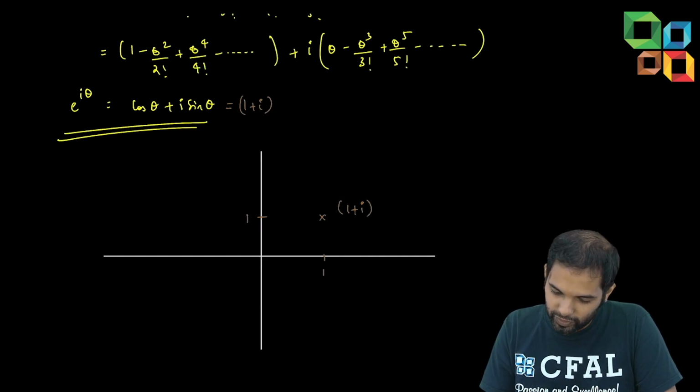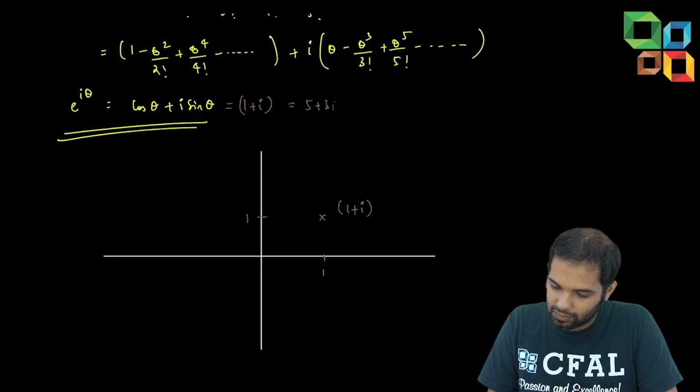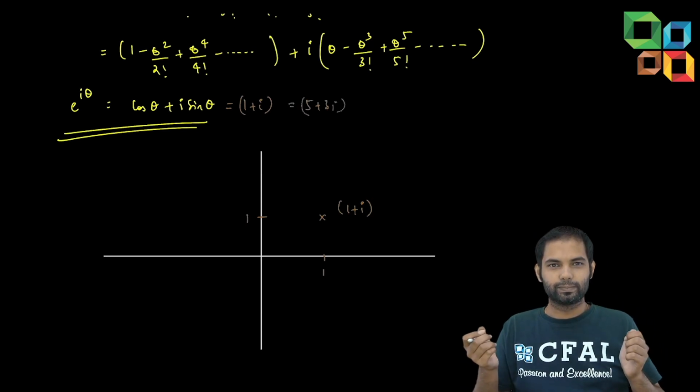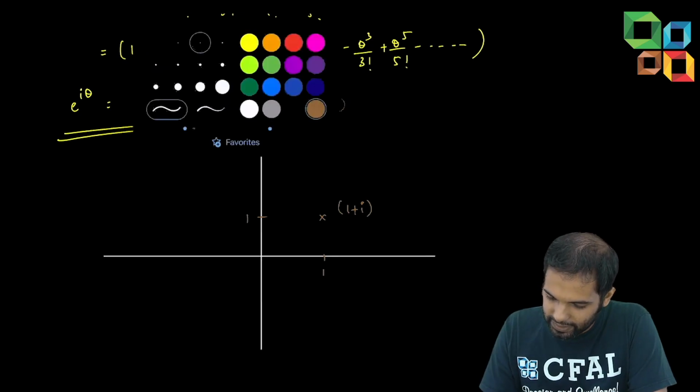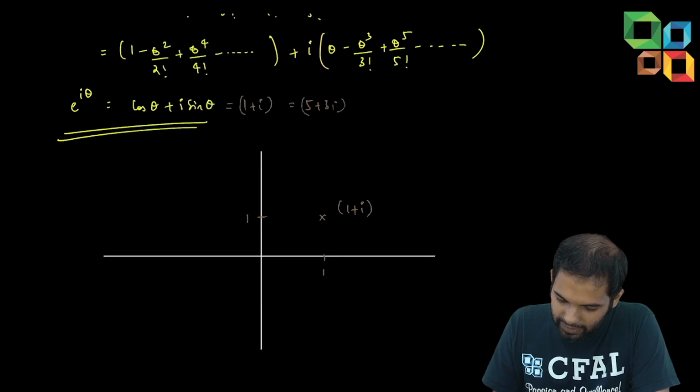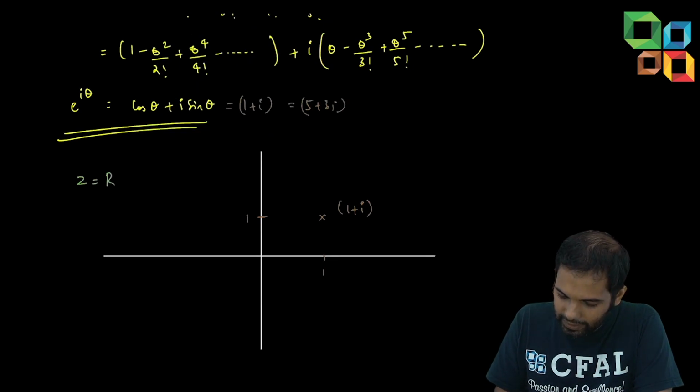For example, if this was 5 plus 3i, how will I make these two equal? It's not possible. Therefore, what we have done is we had defined our complex number z as r times cos theta plus i sin theta.